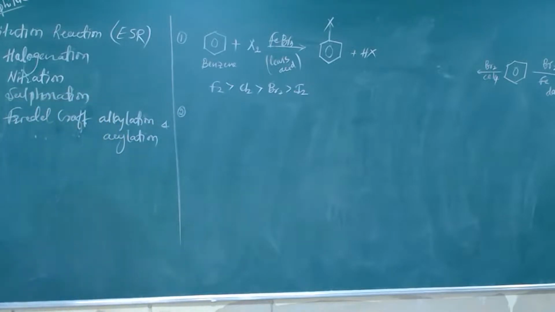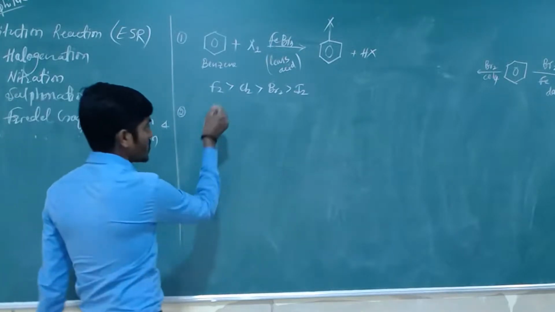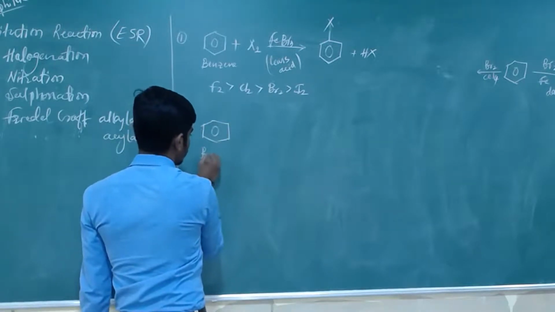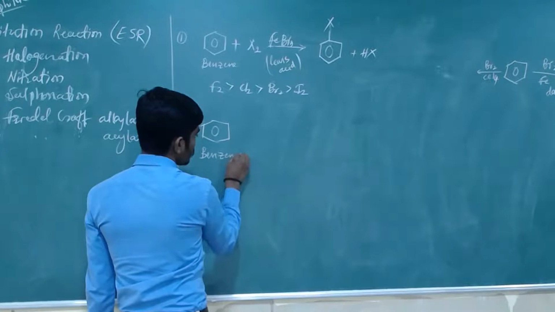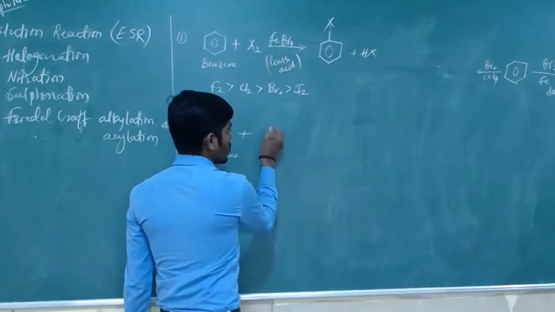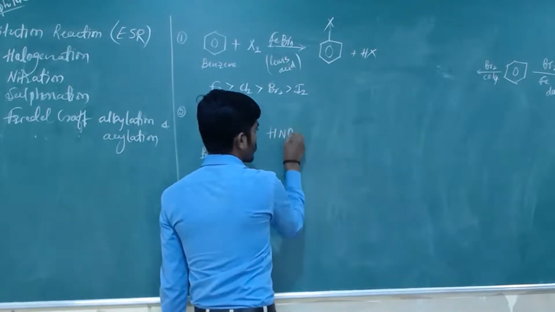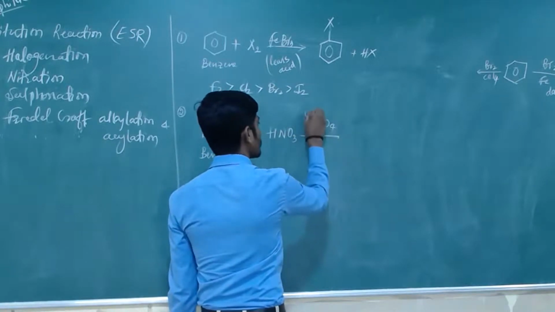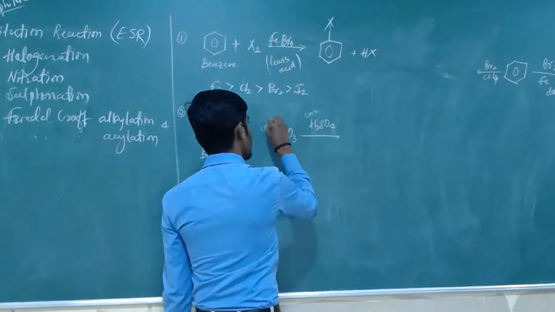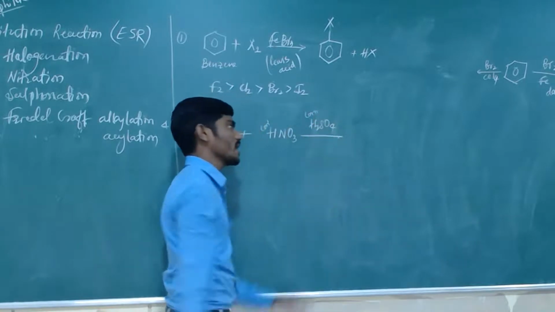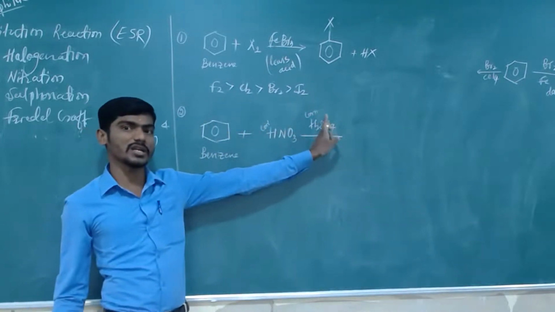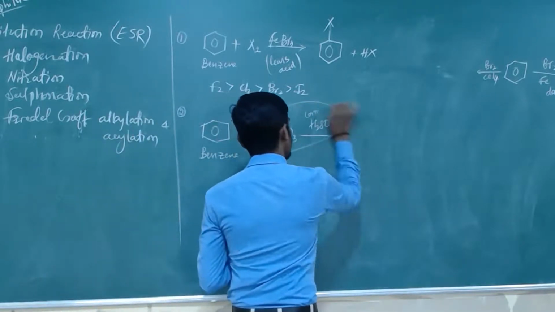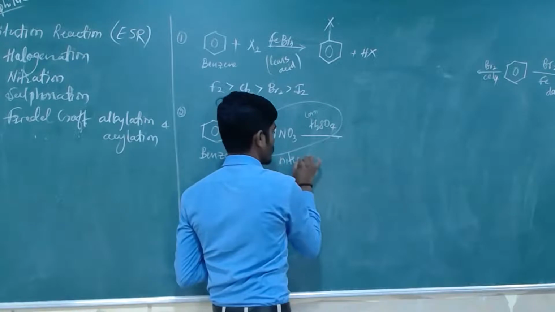The second reaction is the nitration reaction. Benzene reacts with concentrated HNO3 in the presence of concentrated sulfuric acid. Simply, the mixture of concentrated HNO3 and concentrated sulfuric acid is known as the nitrating mixture.